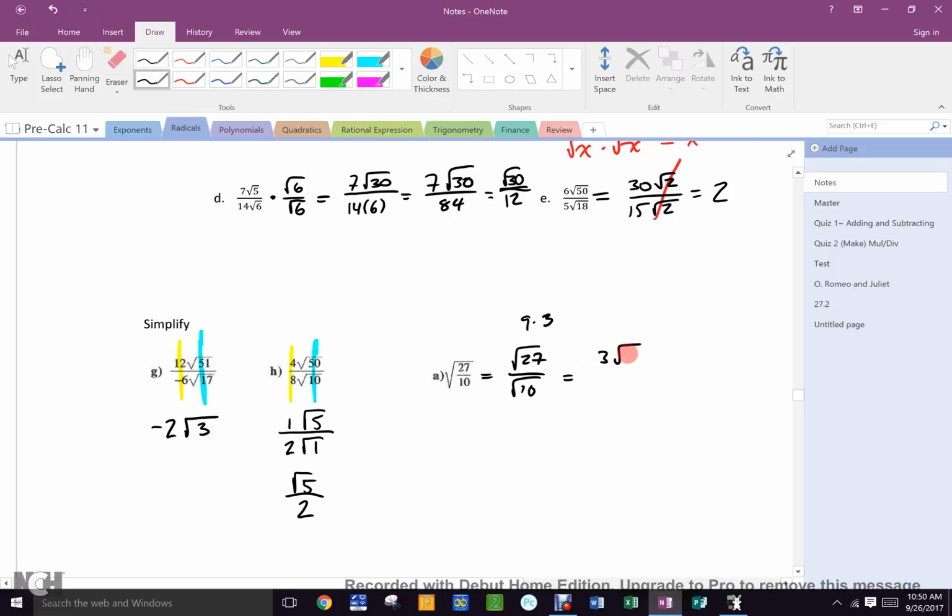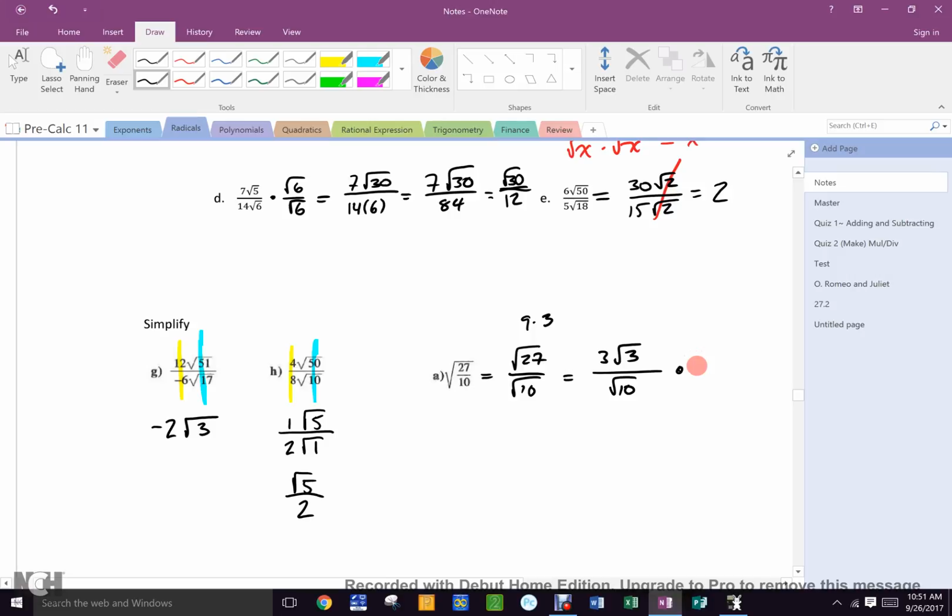So it's 3 root 3 over what? Root 10. Is that allowed? It'll show up in a minute. Is that allowed? Why not, Cole? Because it's irrational in the denominator, so I better rationalize it by multiplying by 1.